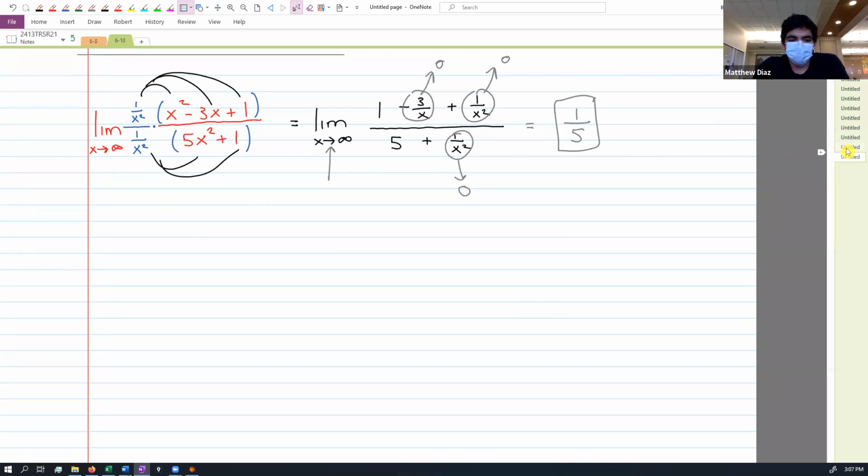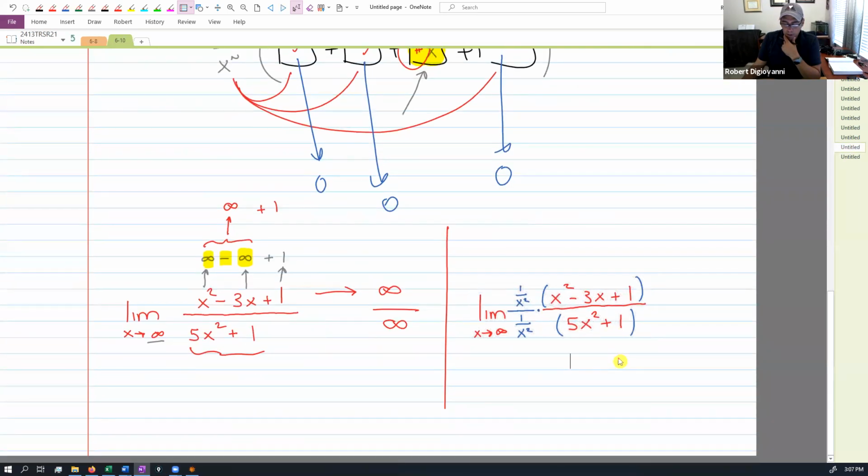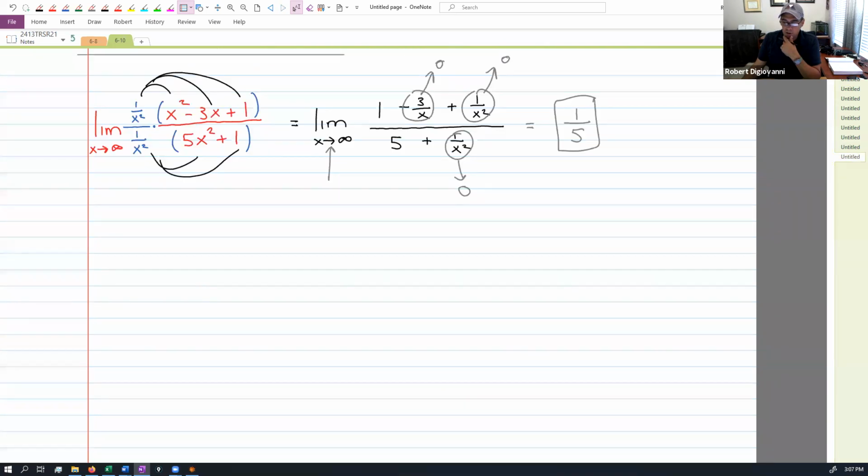Yep. I'm wondering if anyone remembers from college algebra that if you're given a function, like let's say I gave you this function in college algebra. I wonder if you remember that when you study these types of functions called rational functions, we look to see what the horizontal asymptote is.